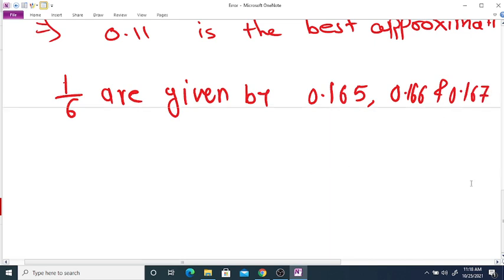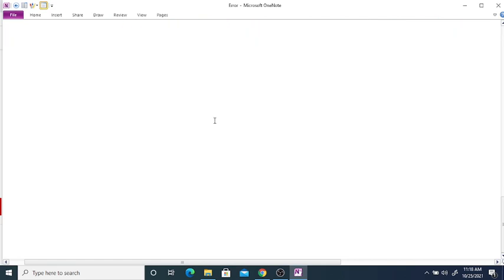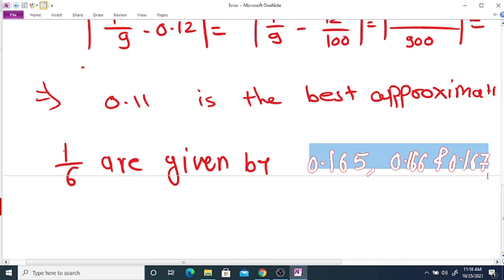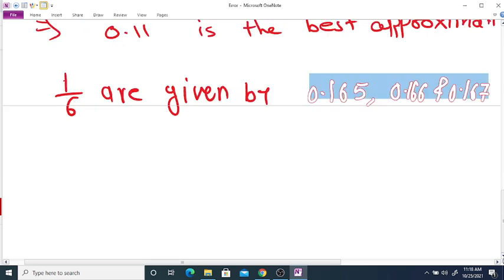Which of these three is the best approximation? Now we are going to decide what is the best approximate value of 1 by 6 from these three approximate values. We can decide this by using the absolute error. Less absolute error implies the best approximation of the given number.